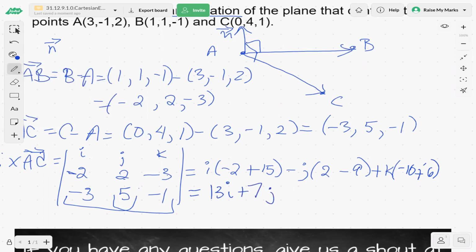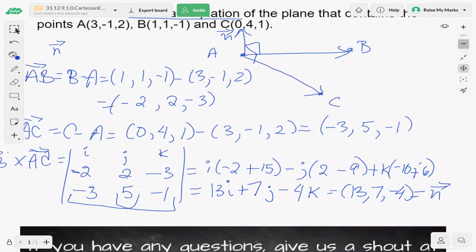The coefficient of k is -4. So we can write this in coordinate form as well. That's our normal. Since our plane contains the points A, B, and C, our normal is the cross product of the vectors AB and AC.